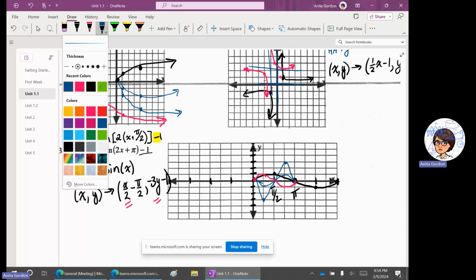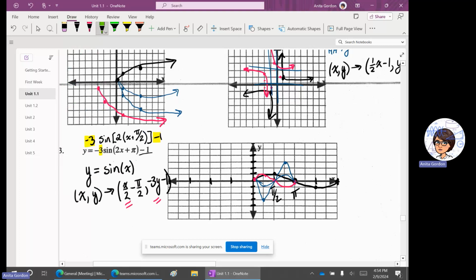Okay, and I'm going to use another color to do the next bit so that we're not getting confused here. Okay, so the pink means I've divided the x's by 2, I've compressed it. The blue is me flipping it over and making it taller by 3. So now what's left is the horizontal and vertical shifts. I'm moving it left pi by 2. So my starting point is going to be here. That's my pi by 2. And I'm moving it down 1.